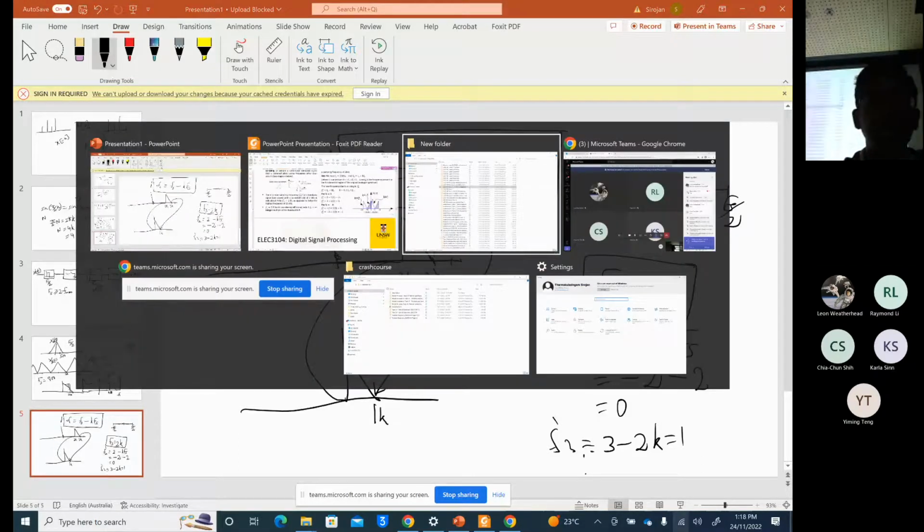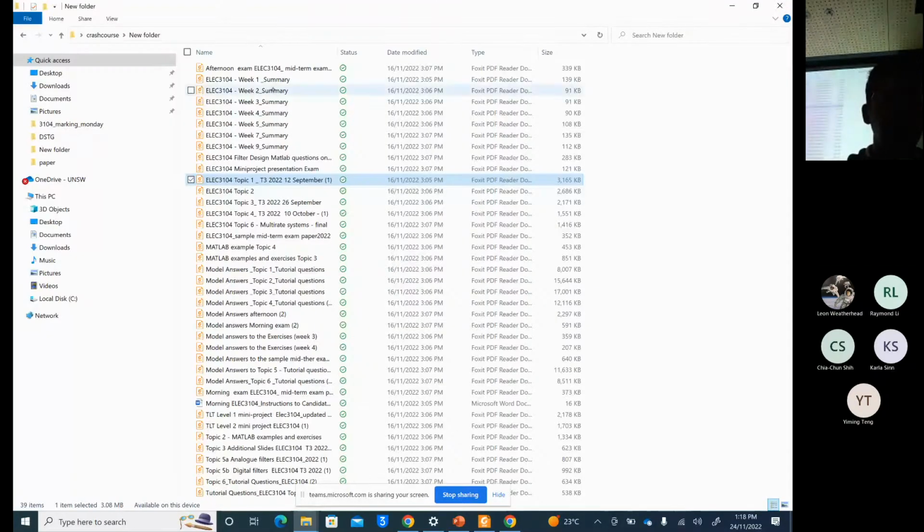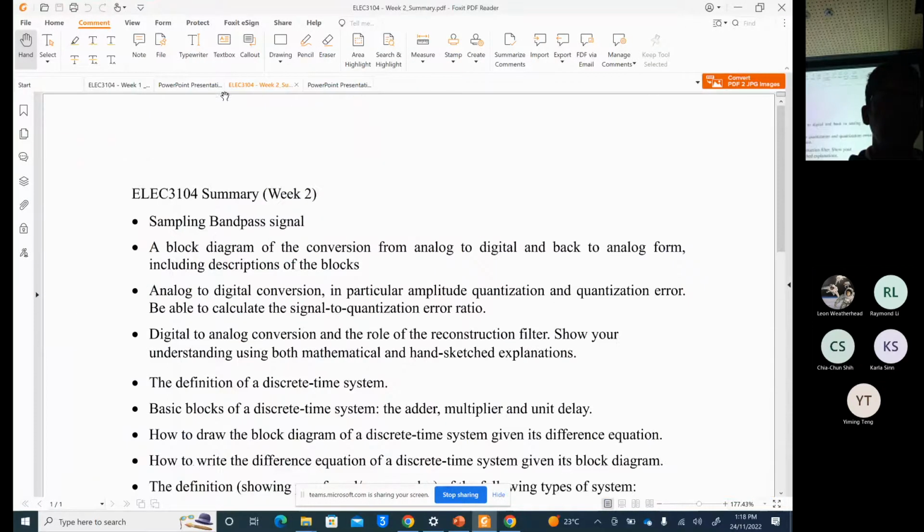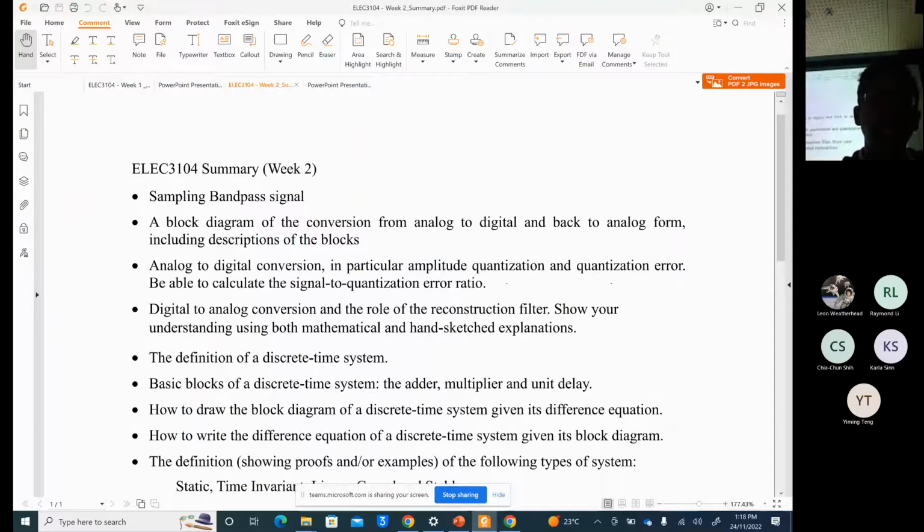Okay, then topic 2 summary: bandpass signal and block diagram of conversion from analog to digital and back to analog form, including the block diagram.